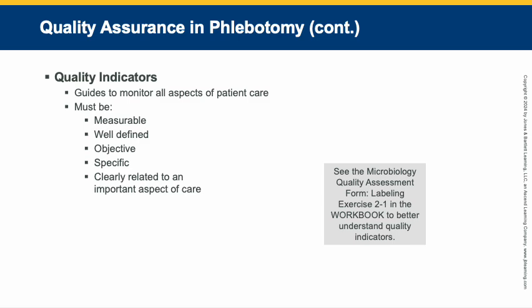An indicator is defined as a measurement or value that provides information on what something is like, such as the state or level of something. Quality indicators are measurements or values that provide information on the effectiveness or quality of processes. They have to be measurable, well-defined, objective, and specific.